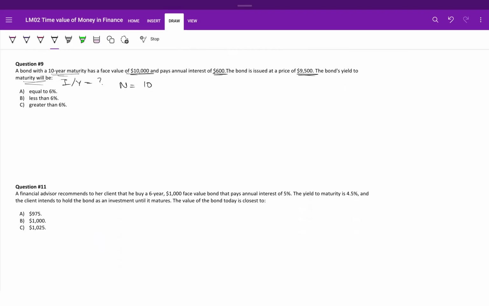The bond's face value is 10,000, pays an annual interest of, PMT here is 600. And this bond is being issued at a price of 9,500. Yield to maturity, here you actually have to calculate the rate.